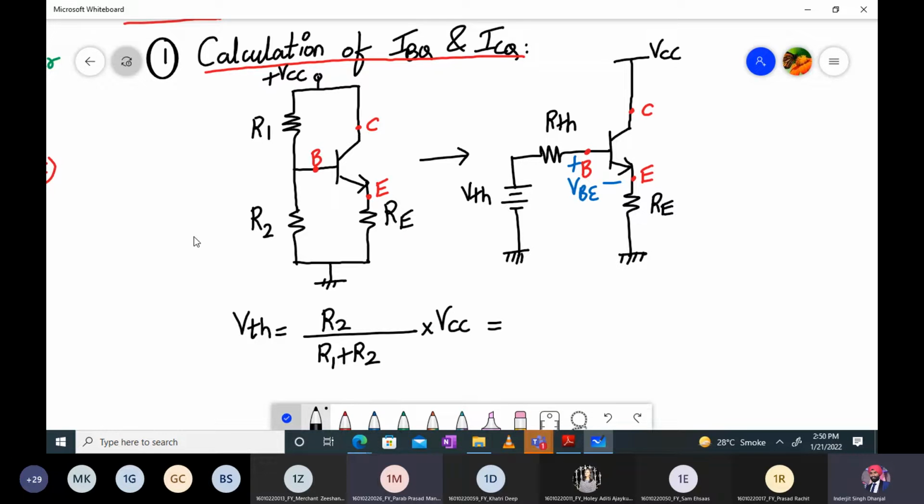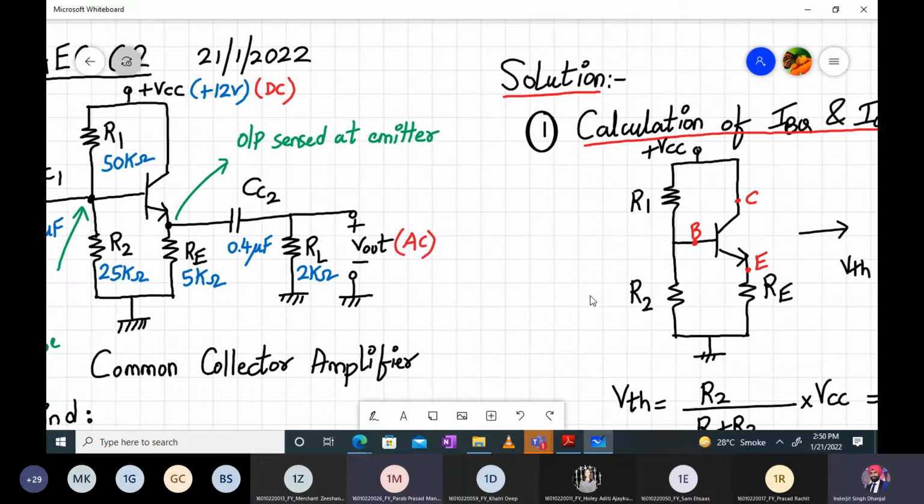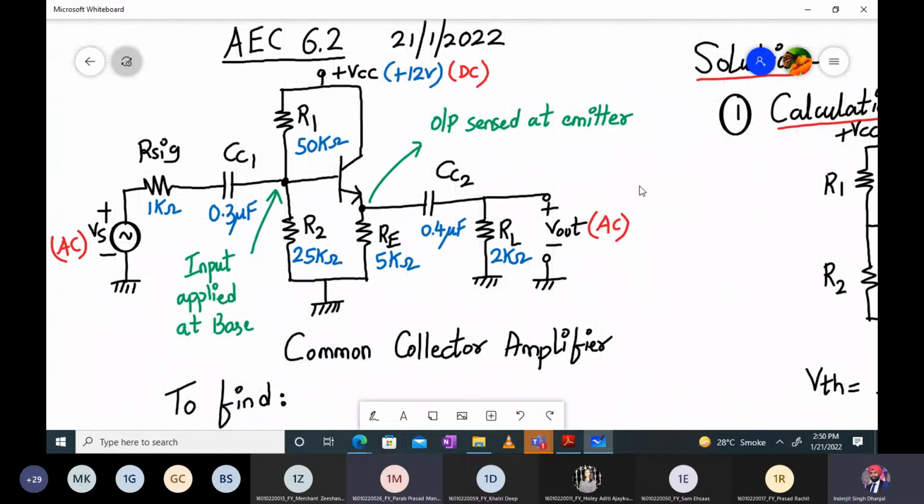Okay, so let us check out the values again. R1 value is 50 kilo ohms, R2 value is 25 kilo ohms, VCC is 12, RSIG is 1 kilo ohm, CC1 is 0.3 microfarad, CC2 is 0.4 microfarad, RE is 5 kilo ohms and RL is 2 kilo ohms. And here the beta value we have not written. Please write down the beta value.